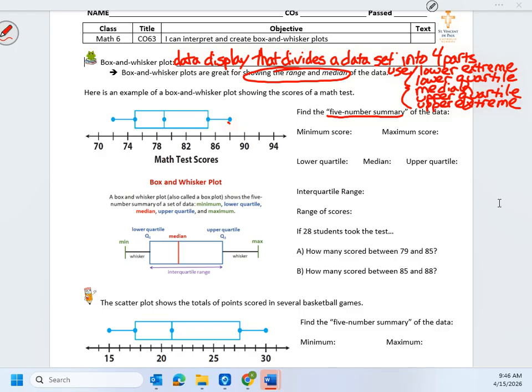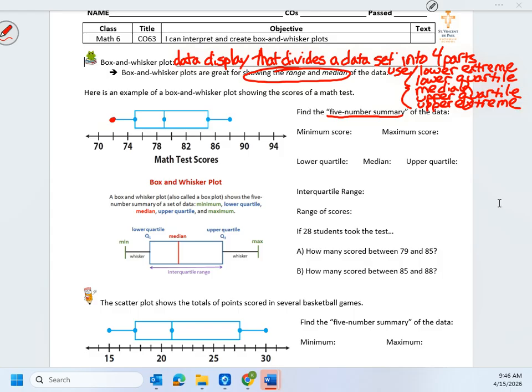It's not the high. Minimum is the lowest amount. So our minimum score is going to be over at this end. Okay, so you were right that it's one of the ends. We just have to go to the lowest end. So minimum means it's going to be low.